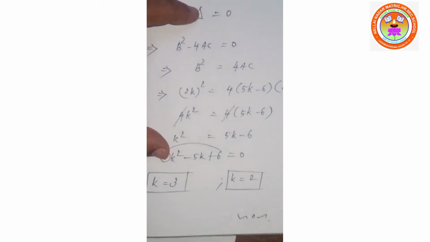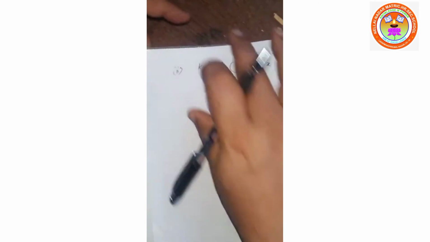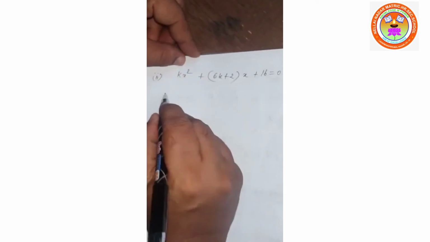Subdivision number 1 is over. Now subdivision number 2. Roots are real and equal. Solution.